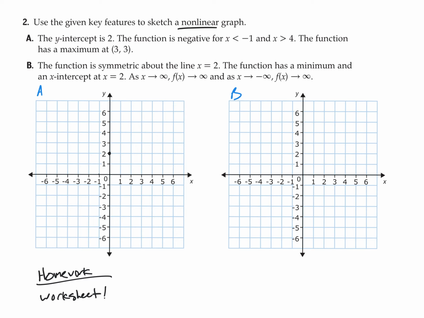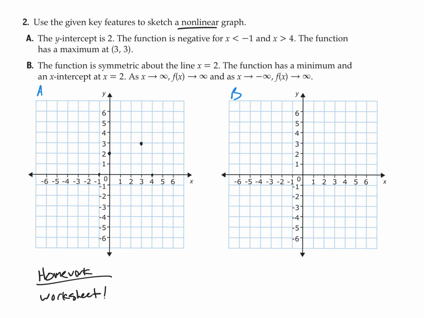So when x is -1, if it's smaller than that, it's going to be down here. And for x bigger than 4, it's going to be down there. The function has a maximum at (3, 3). This is its maximum.